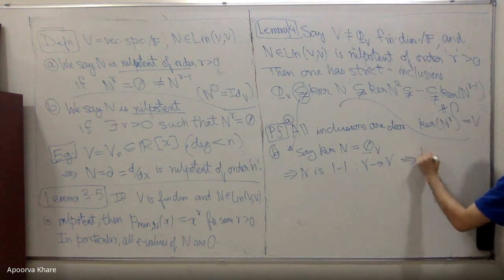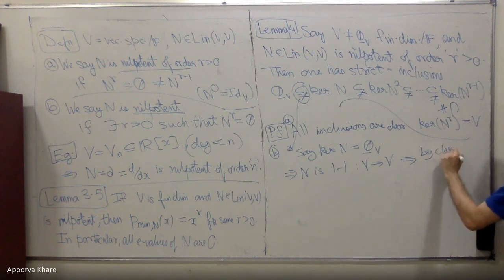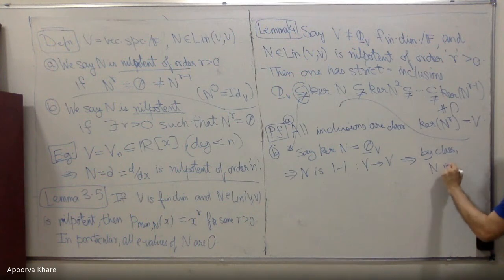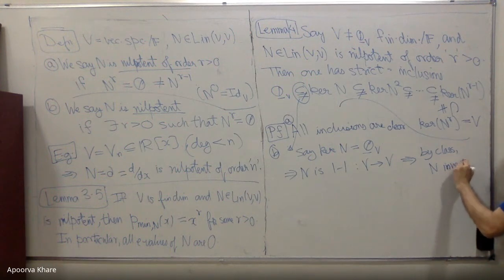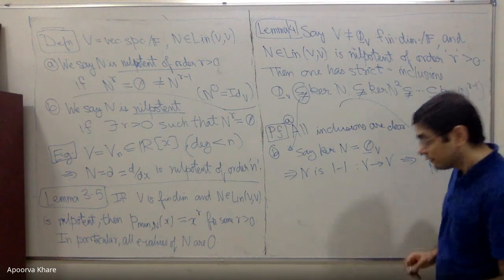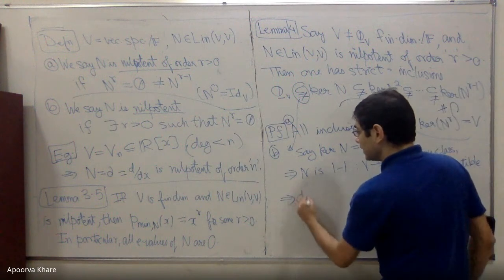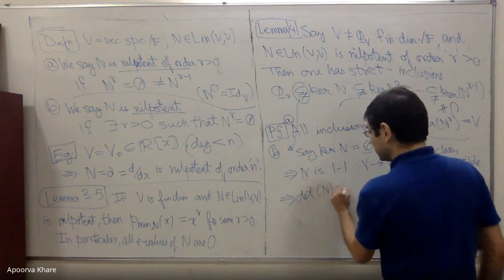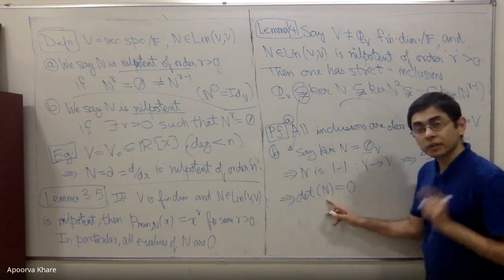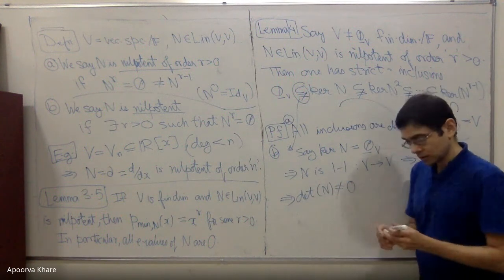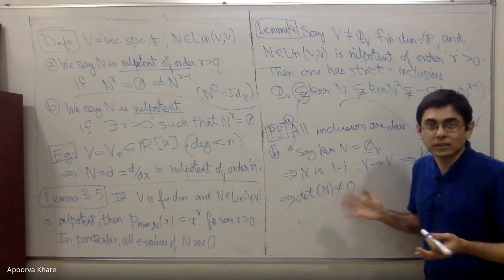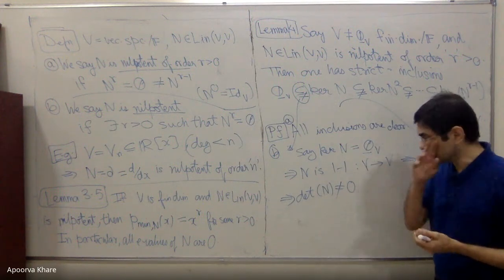This is from class. Invertible because it is a linear isomorphism. But if it is invertible, then the determinant of n is non-zero. I can define the determinant of any linear transformation because it's independent of the ordered basis I choose.